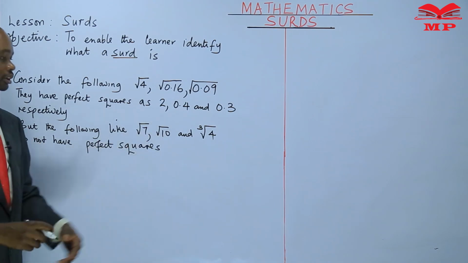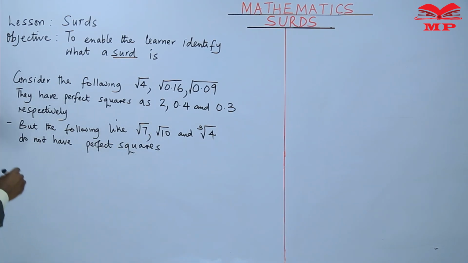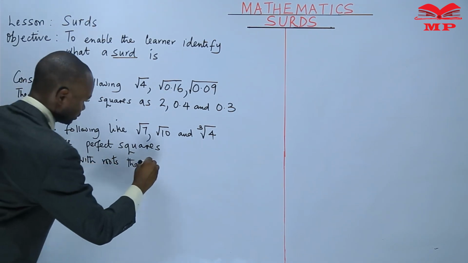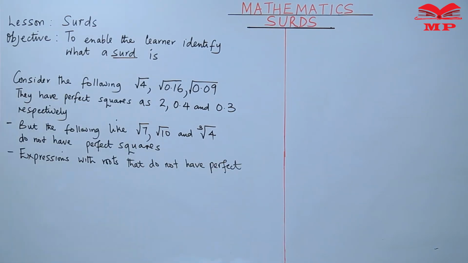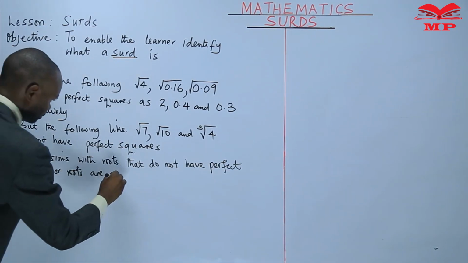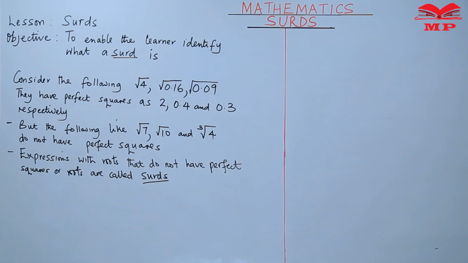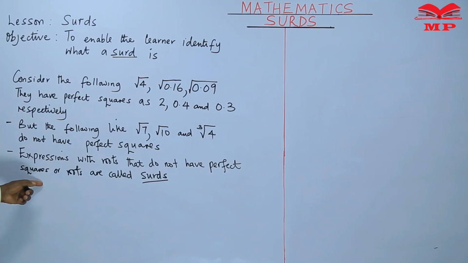Expressions with roots that do not have perfect squares are called surds.